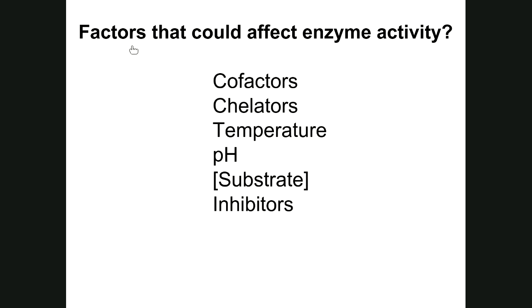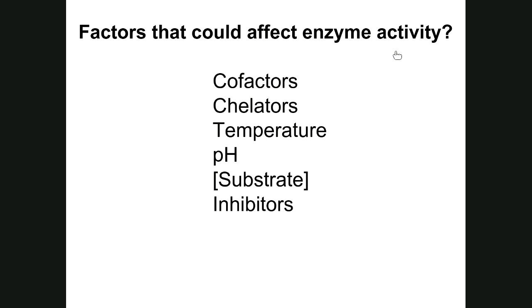Now we're going to transition into our factors that affect enzyme activity, in other words, enzyme function. Listen carefully. These factors can either activate an enzyme's activity or enhance it, in other words, speed up the rate at which it's working. Or these factors could inhibit enzyme activity. Now listen carefully. Inhibit is actually defined 3 ways.